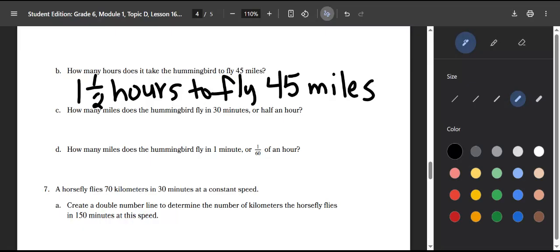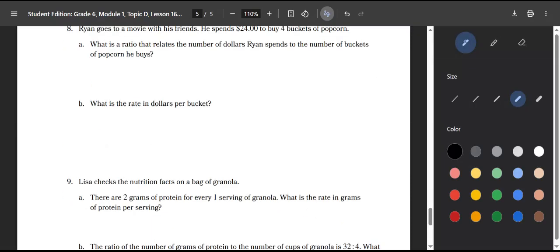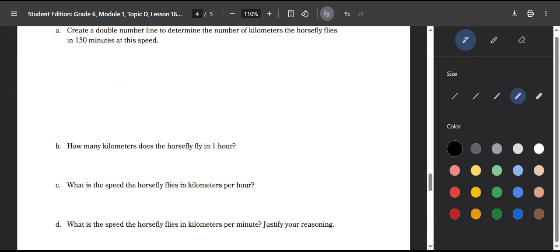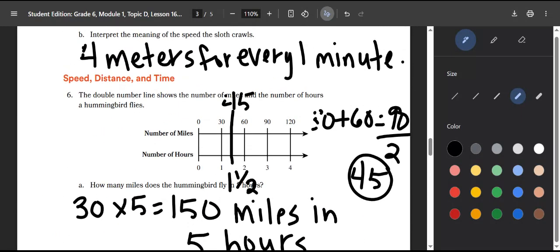Okay, then C says, how many miles does the hummingbird fly in 30 minutes or half of an hour? All right, go back up to our double number line. And we can see that we want to know 30 minutes.